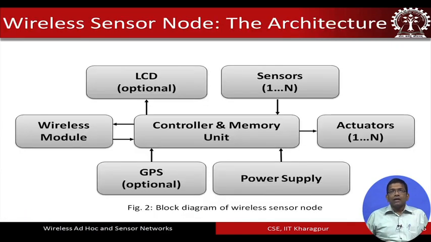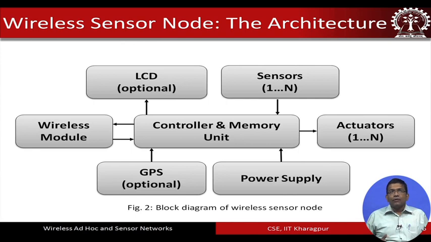So, here is the overall architecture of a wireless sensor node. Later in this lecture, I am going to present a wireless sensor node that we have developed ourselves in our lab at IIT Kharagpur.